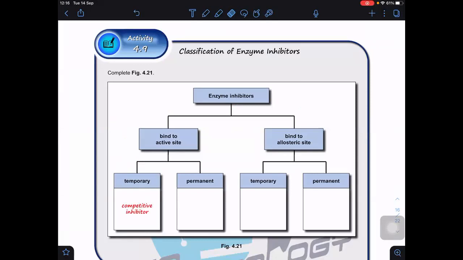If it binds permanently, then we term it a non-competitive inhibitor, because the inhibitor binds permanently, so my substrate won't be able to bind. Binding to allosteric sites, if temporary, is known as non-competitive, and permanently also non-competitive. Why? Because the inhibitor and substrate bind to different sites, so the substrate won't compete with the inhibitor for the active site.